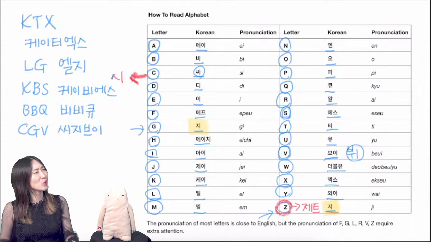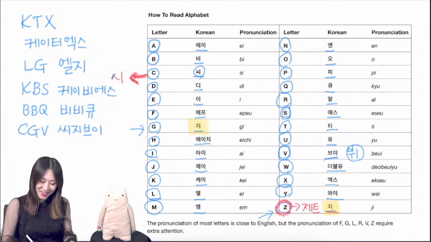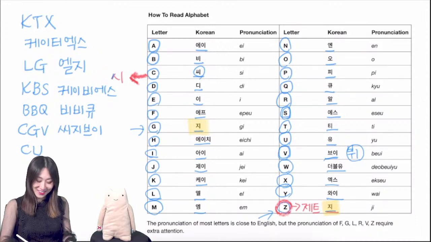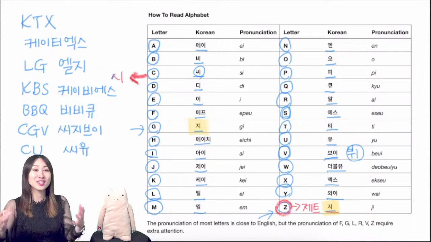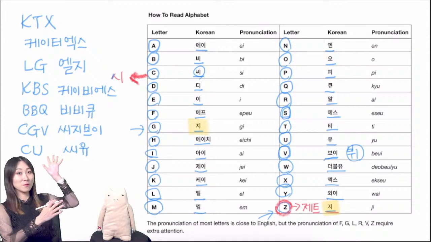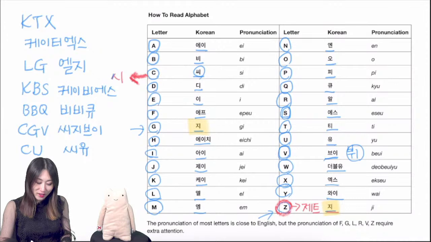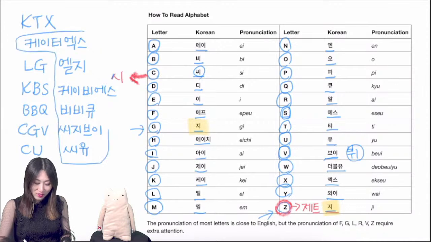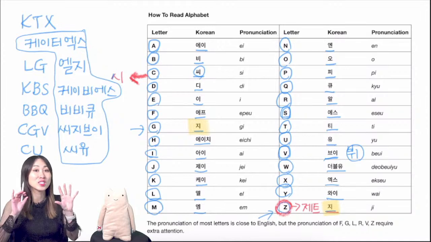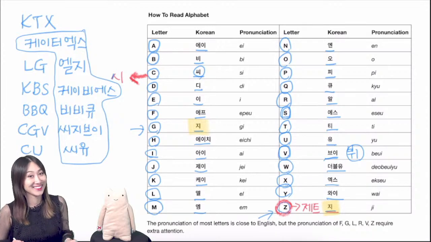I think it's the most popular one. Do you know the most popular Korean convenience store brand? It's CU. So there are a lot of brands or stuff with this alphabet in Korean, and we don't write them in Korean letters like this. We only write them in the English alphabet, and the pronunciation is different.